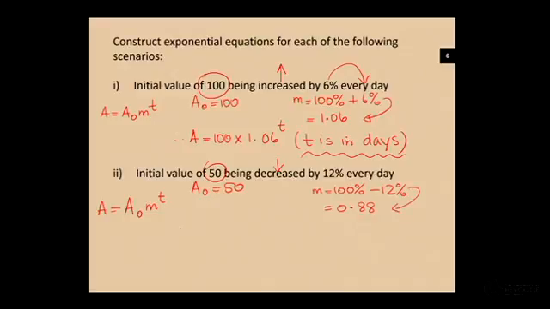And then when you establish the formula, it comes out as 50 being multiplied by 0.88 to the power of t. And again, I'm just locking in that t is in days. So your time factor has to be in days. So there's a couple of those questions in your tutorial when you have to practice.